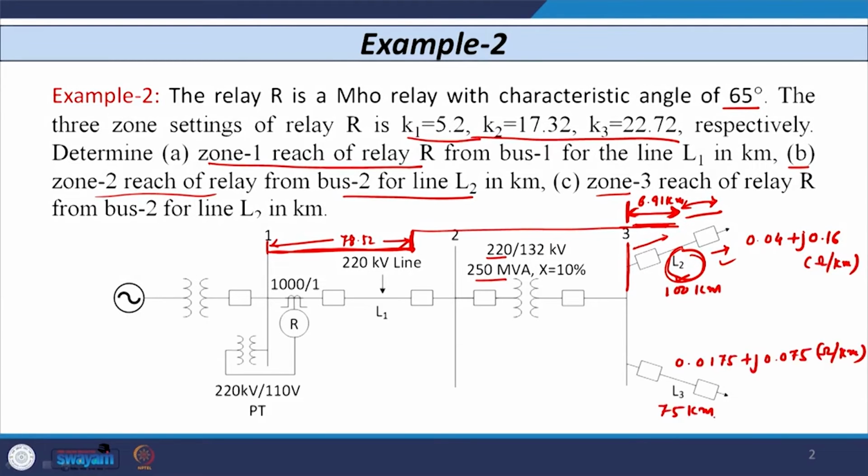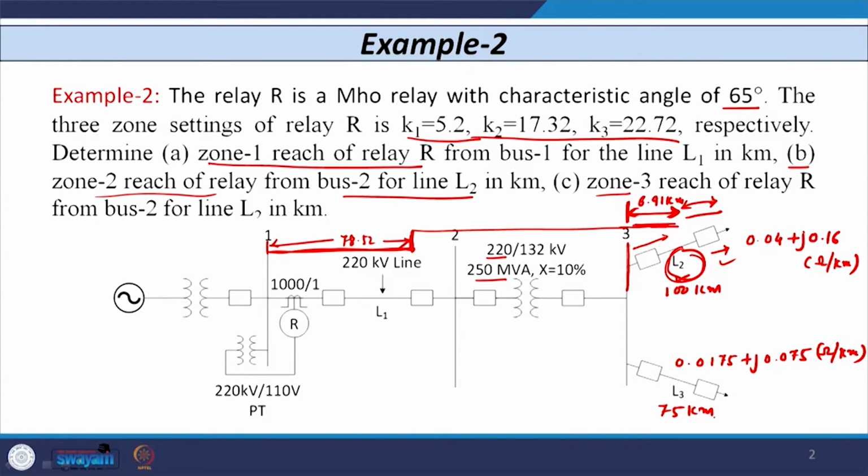In the same way for L3, its value is 0.0175 plus j0.075. This is the impedance of this line in ohm per kilometer.